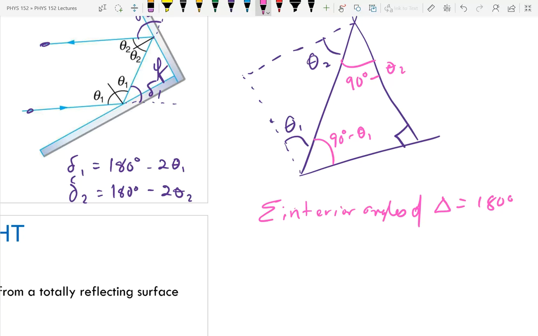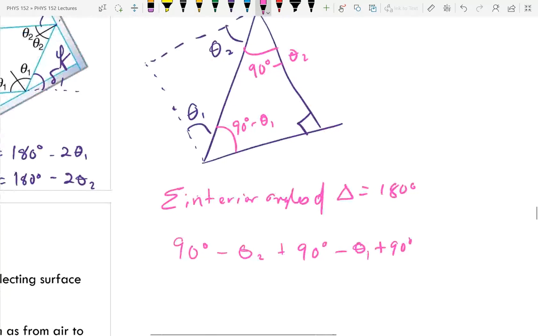So I can make an equation that says 90 degrees minus theta 2 plus 90 degrees minus theta 1 plus 90 degrees because of the right angle has to equal 180 degrees. Does that work out? Actually, I wanted to put in the angle phi here because I was saying let's do it for general instead of for a 90-degree angle. So plus that angle phi is 180 degrees.